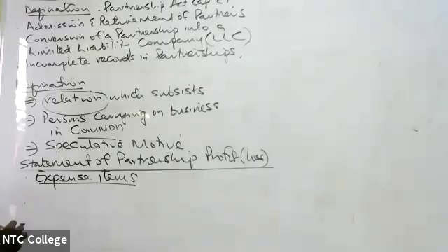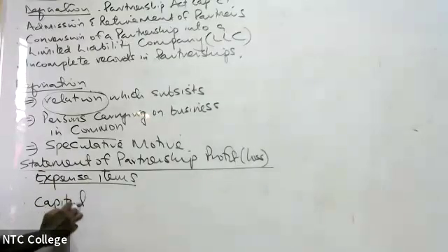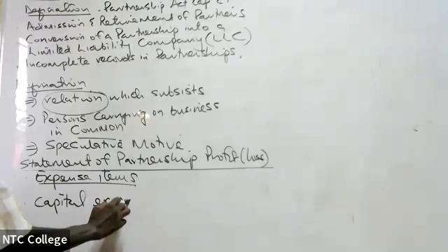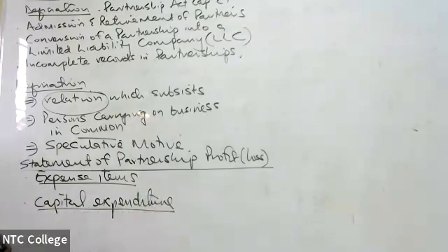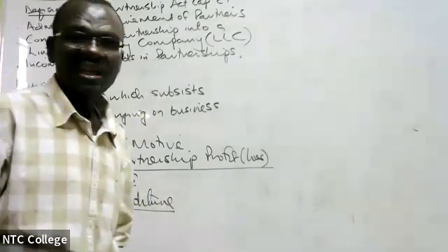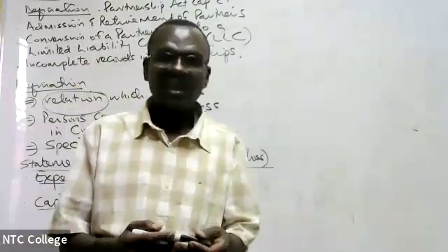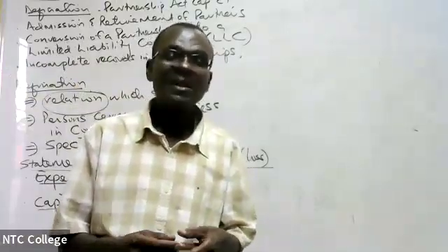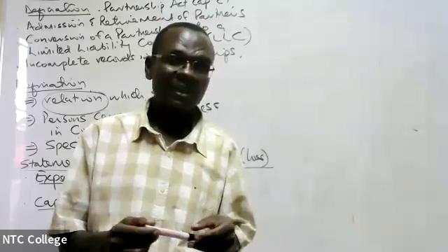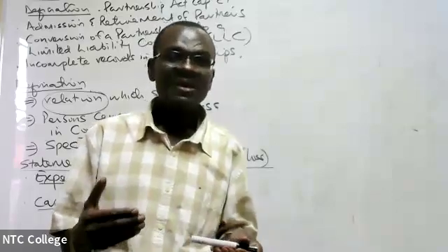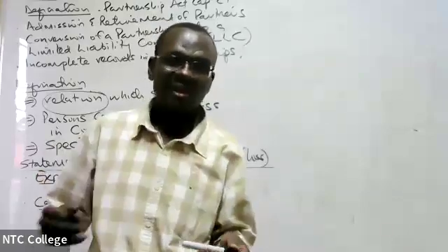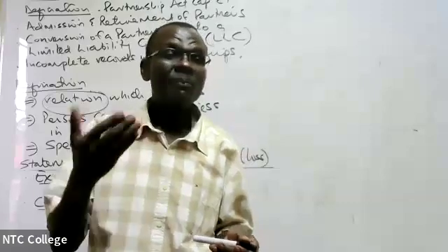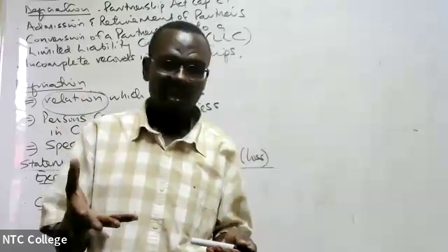Point 2, we have items called capital expenditure. In arriving at the accounting profit, there are certain expenses that have been incurred, which are referred to as capital expenditure. For example, the business could have acquired a pickup and charged it in the P&L account, or computers, or software.